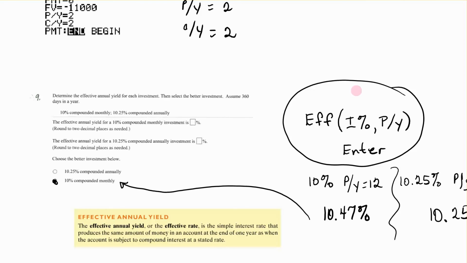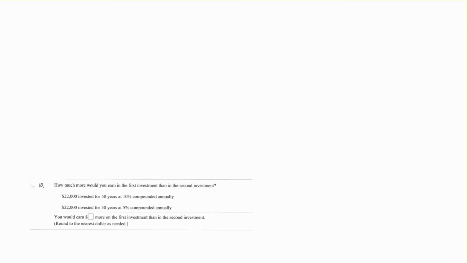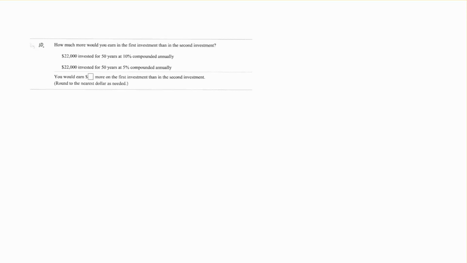All right, let's do one final problem. How much more would you earn in the first investment than the second? All right, we will have N, I%, PV, PMT, FV, P per year, C per year.